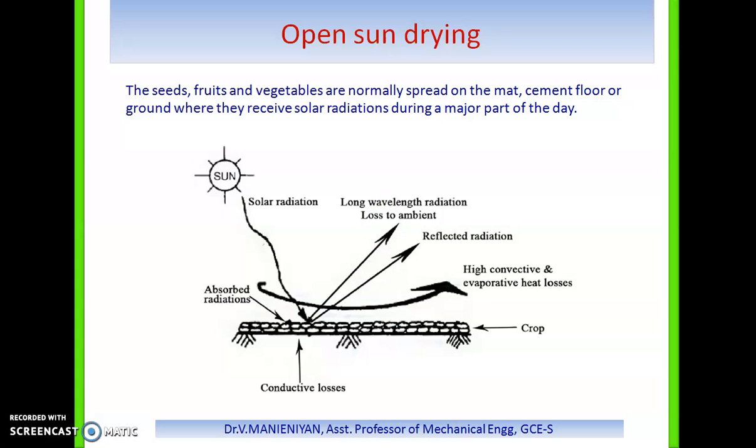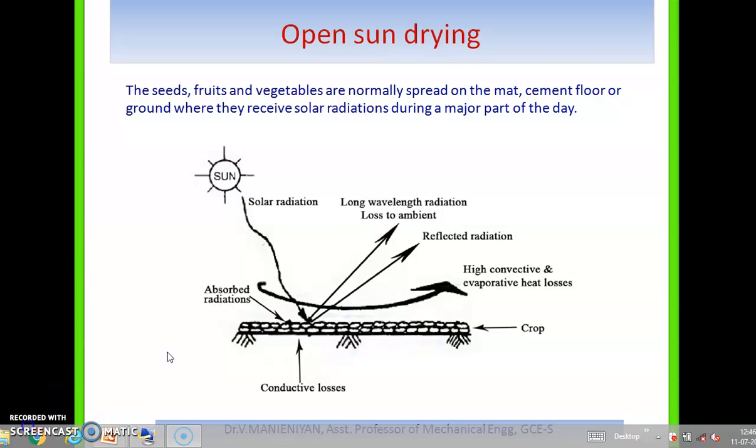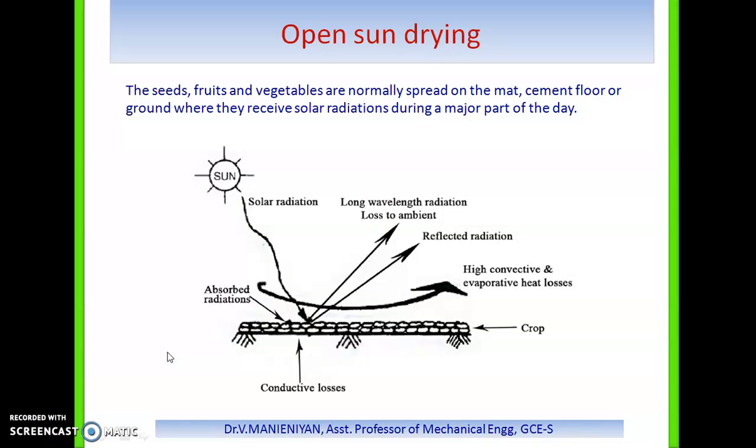In this system, crops or seeds are spread on an open surface. There is direct sunlight, and the short wavelength solar radiation falls on the crop surface.